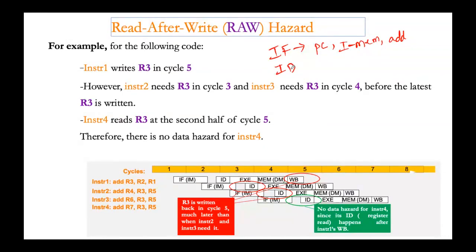Similarly, in the instruction decoding phase, the register file functional unit is used. In the register file, in each cycle, the first half cycle is used for writing the data, and the second half cycle is used for reading the data.